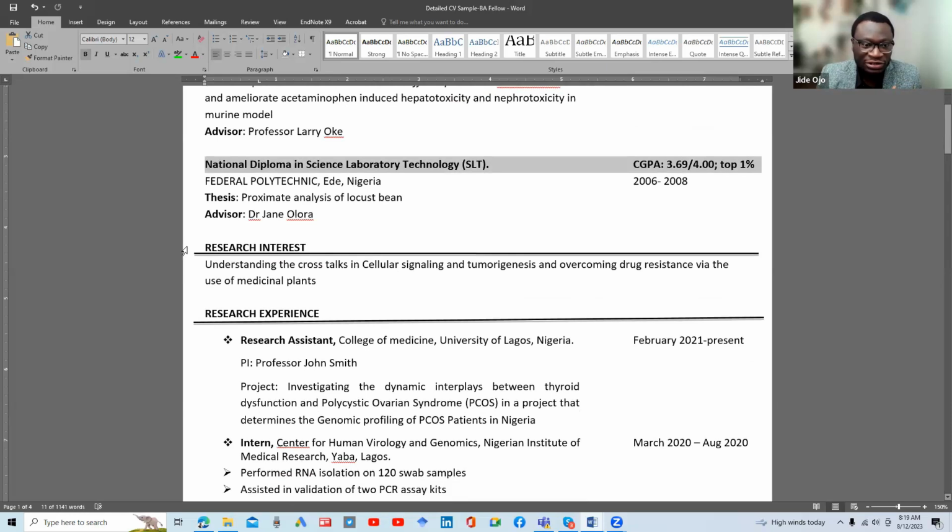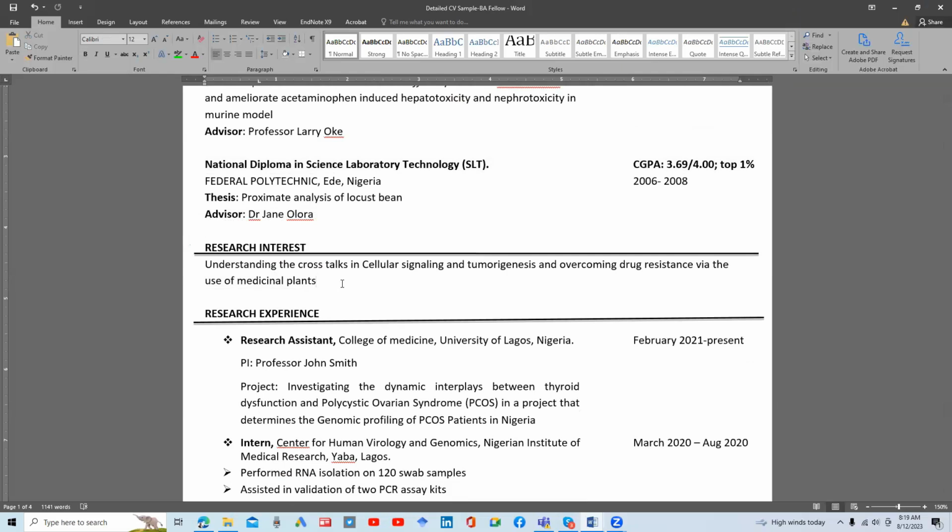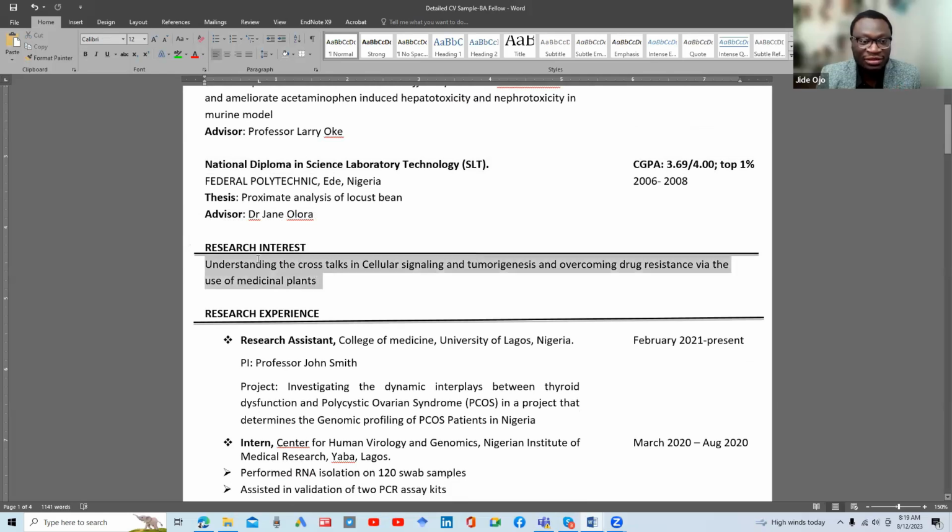Now, for this section, this is not important, but if you're already clear about your interests, it may give you an edge. But you have to make sure that this particular interest can be found with one of the professors in the department you're applying for.